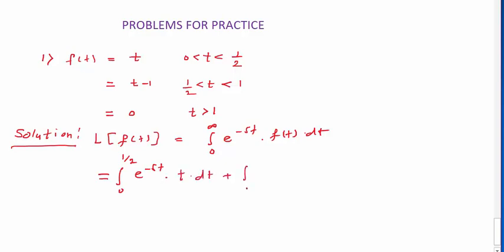The second part is between half and 1, and here the value of f of t is t minus 1 into dt, and the last part is from 1 to infinity. 0 multiplied by anything is 0, so we say that 0 into dt.